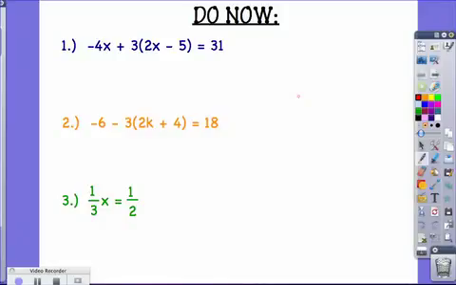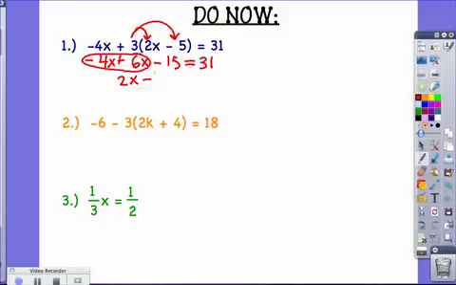For number 1, we have to start with the distributive property. We're distributing positive 3 to 2x and to negative 5, which gives us 6x minus 15. And then we recopy the rest of the problem. Now, we combine like terms to get 2x minus 15 equals 31.